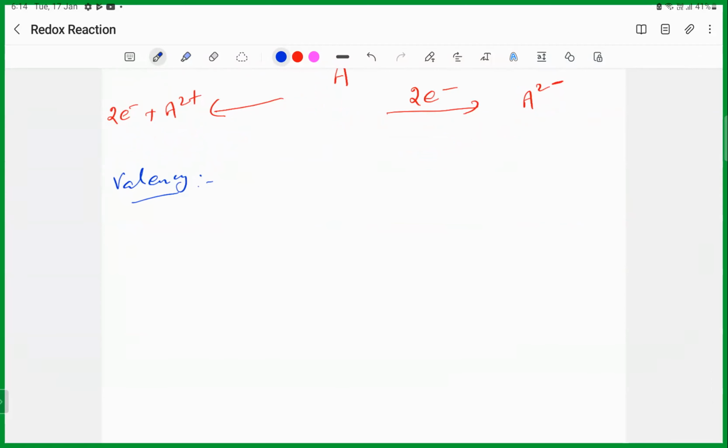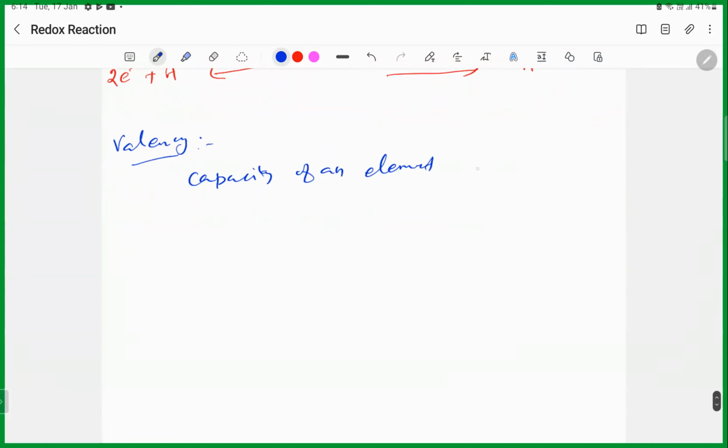So valency is the capacity of an element to combine with other elements.